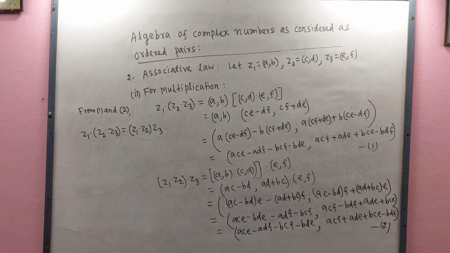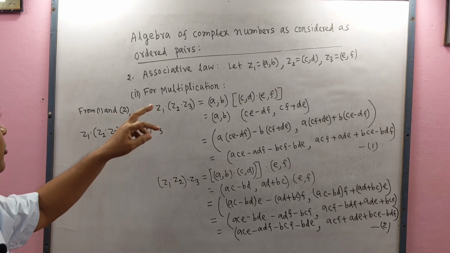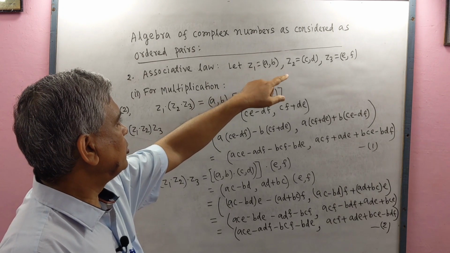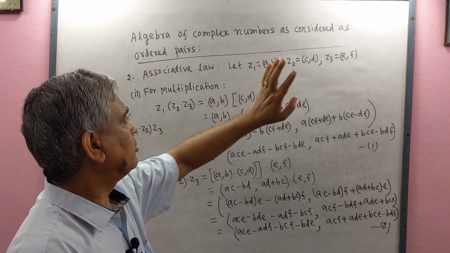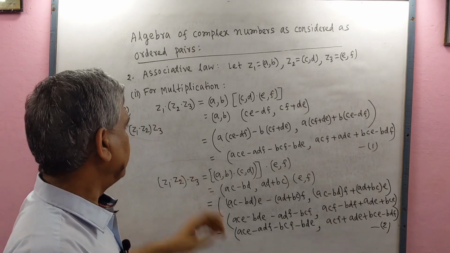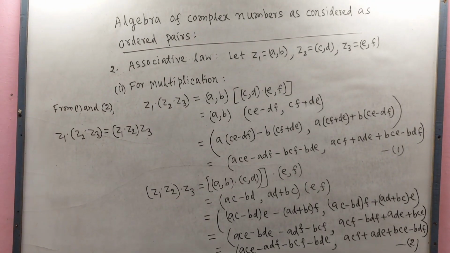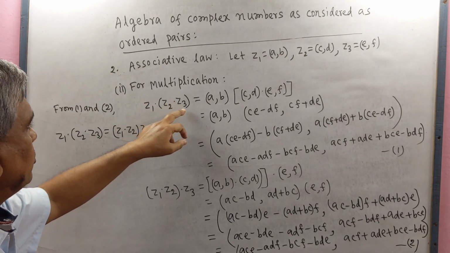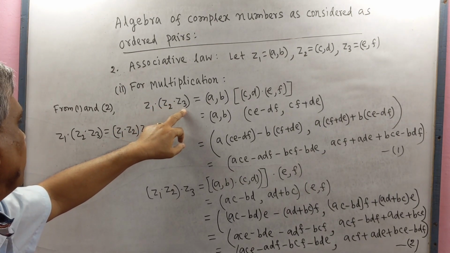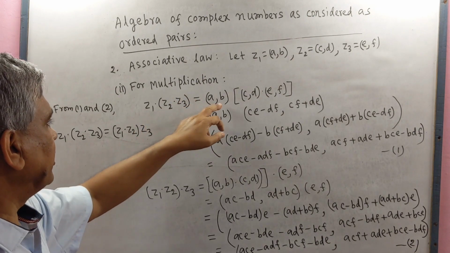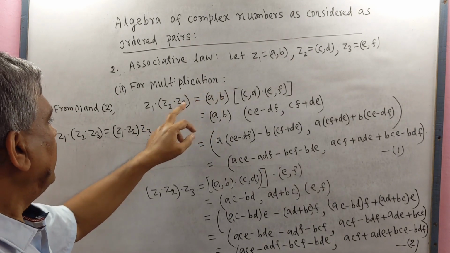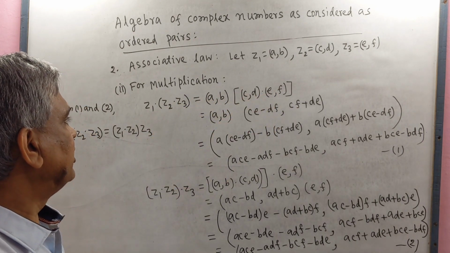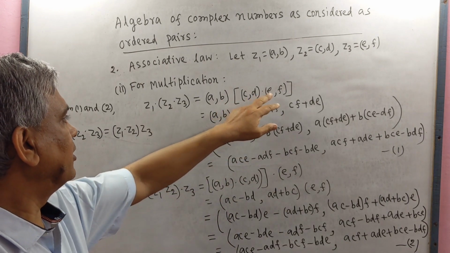Now we examine the associative law for multiplication. Let Z1 equal to (a,b), Z2 equal to (c,d) and Z3 equal to (e,f). These are ordered pairs. Z1 multiplication under bracket Z2 multiply Z3: Z1 is ordered pair (a,b), Z2 is ordered pair (c,d), Z3 is ordered pair (e,f). Now we first multiply (c,d) and (e,f).